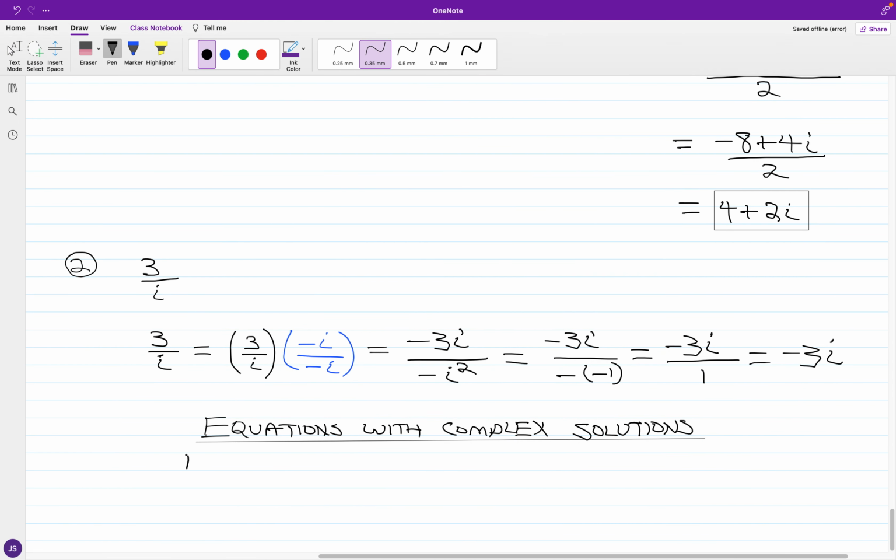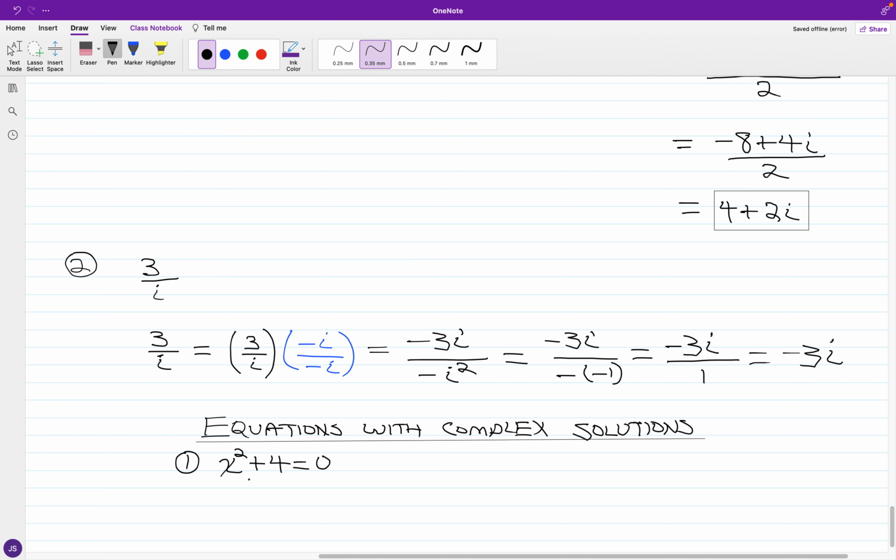If I have something like x squared plus 4 is equal to 0, now I've got a sum of squares. When we looked at something like x squared minus 4 is equal to 0, I could have used the zero product property if I were to factor to say x plus 2 and x minus 2.